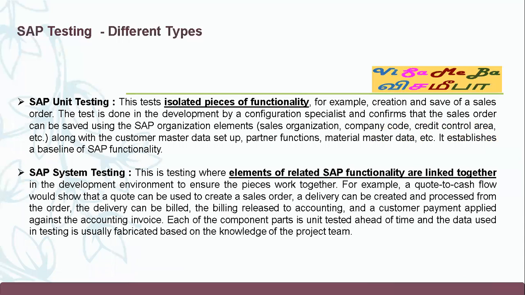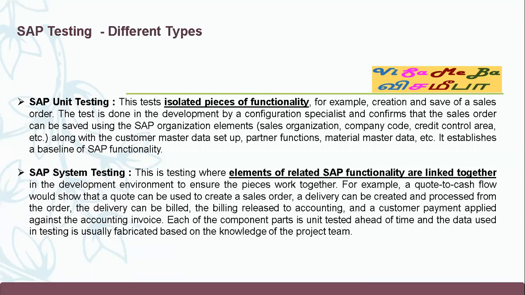What is SAP unit testing? It is the test that isolates pieces of functionality and tests in bits and pieces. For example, only a specific portion like creation or saving of a sales order, only a particular function is taken and tested.